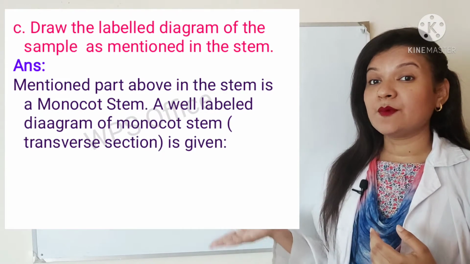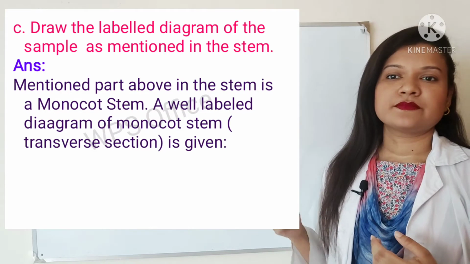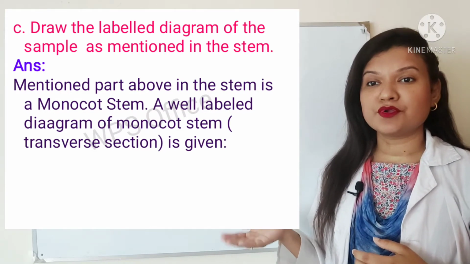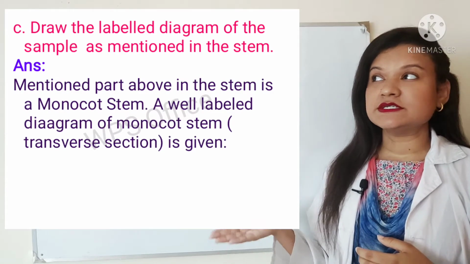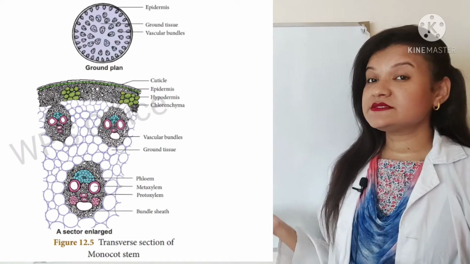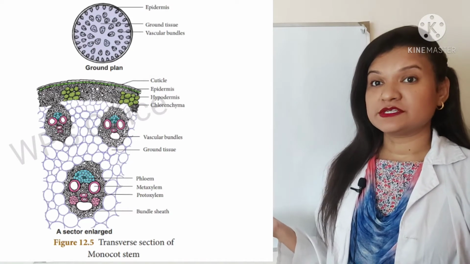The part mentioned above in the stem is a monocot stem. A well labeled diagram of monocot stem is given here. As you can see, this is our transverse section of monocot stem.